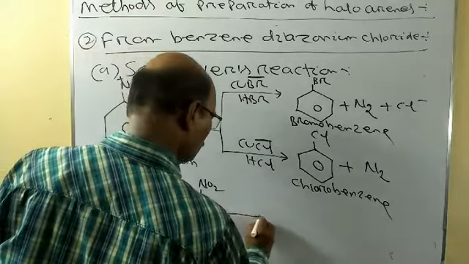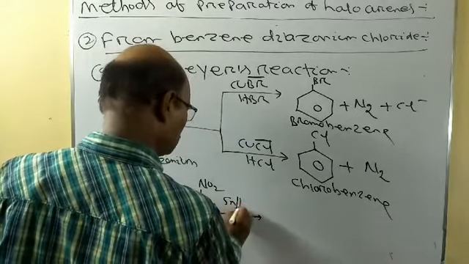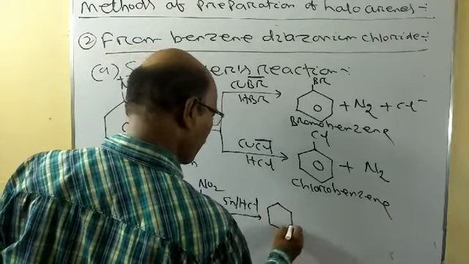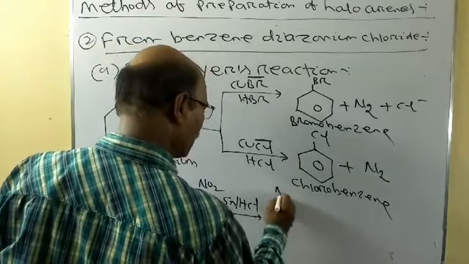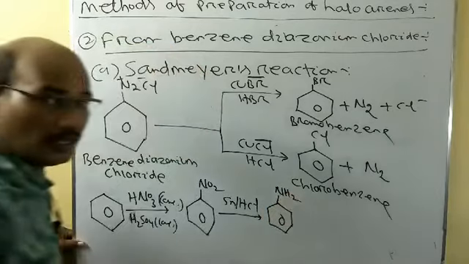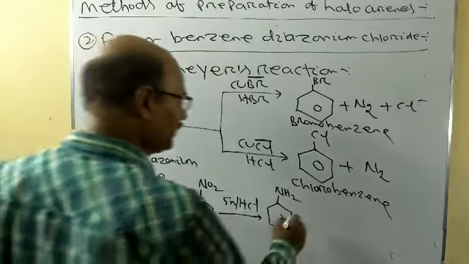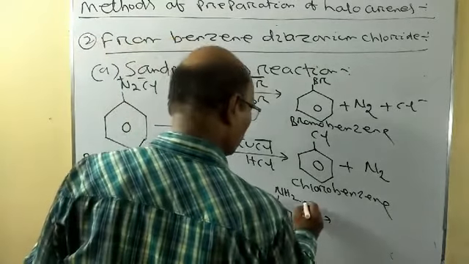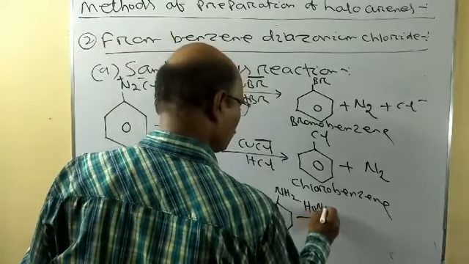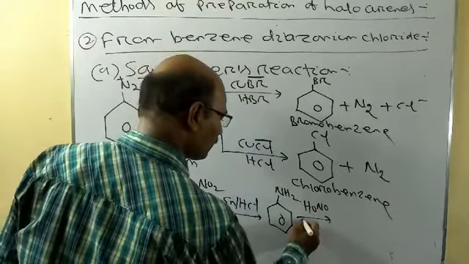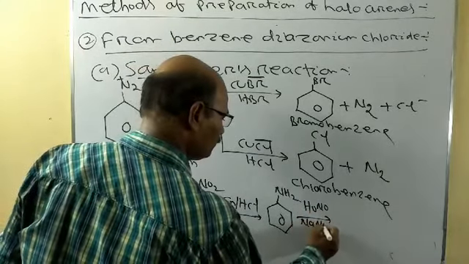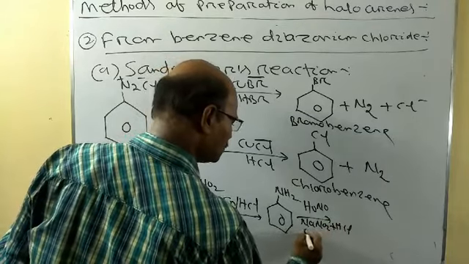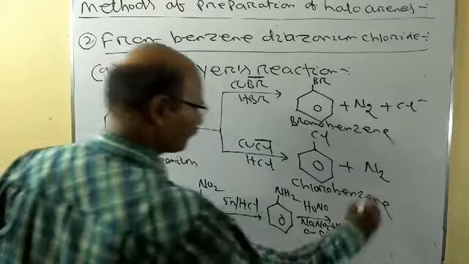Nitrobenzene undergoes reduction with Sn/HCl to give aniline, and this aniline undergoes diazotization, meaning HONO, in presence of NaNO2 and HCl at 0 to 5 degrees centigrade.